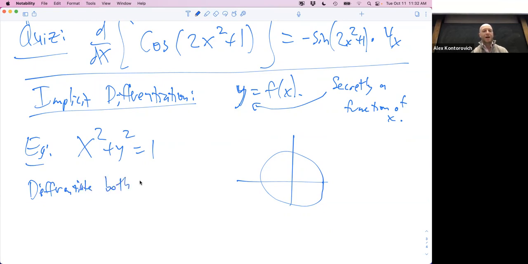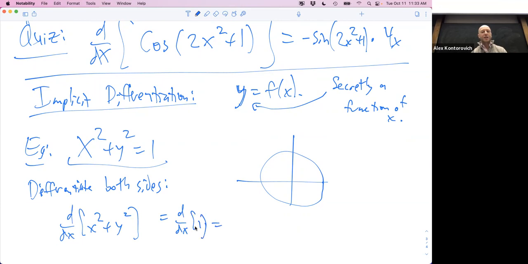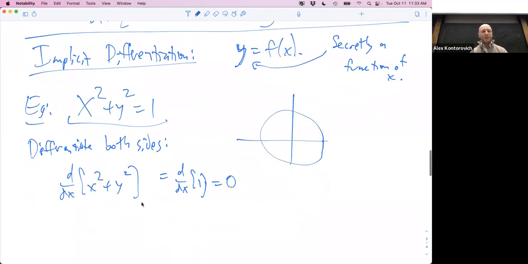If I differentiate both sides, I'm looking at d/dx of x squared plus y squared equals d/dx of the constant 1. What's d/dx of 1? 0. What is d/dx of x squared? 2x. Plus what is d/dx of y squared?